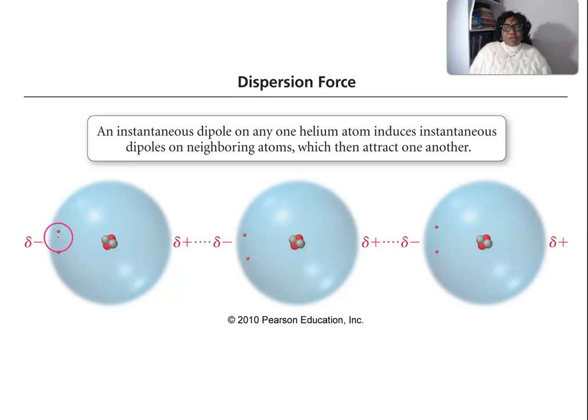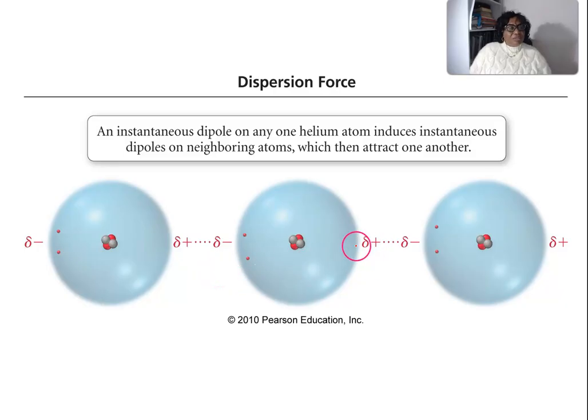Because of this, it affects a nearby molecule. This positive end attracts an electron of this nearby molecule, and there is this attraction. This is what we call the London dispersion force.